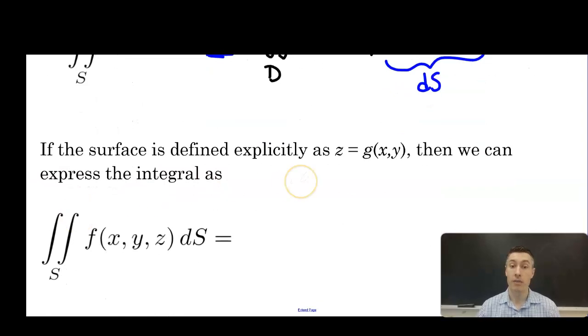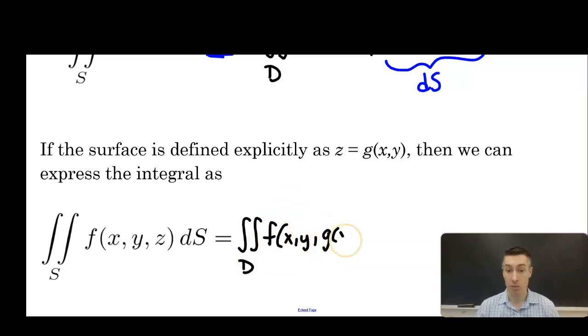If the surface is defined explicitly as z equals g of x y, then we can express the integral as follows. Essentially here, if we were to use a trivial parameterization, we can make the process a little bit more efficient for evaluating. So we're going to get the double integral over the domain D still. Now we're going to redefine the function, so it's going to be f of x, y, g of x y.